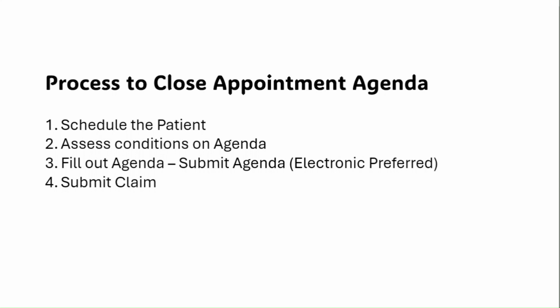And then do not forget to submit a claim, because without the claim, there is no proof that the conditions or the care gap measures in the appointment agenda were ever assessed. So the claim is essential along with the submission of the agenda to be able to close this care gap.